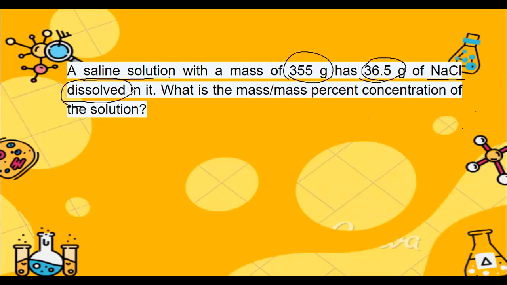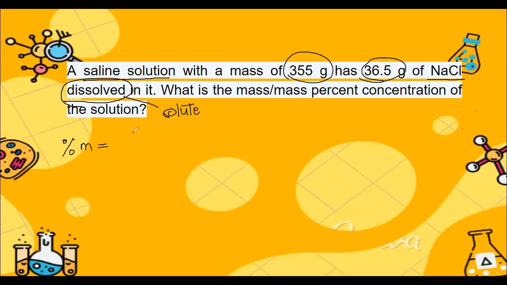So which means that the sodium chloride is our solute because this one is dissolved. So 36.5 is our mass of solute. Then 355 grams is our mass of solution. So let us now proceed with substituting it to the formula.